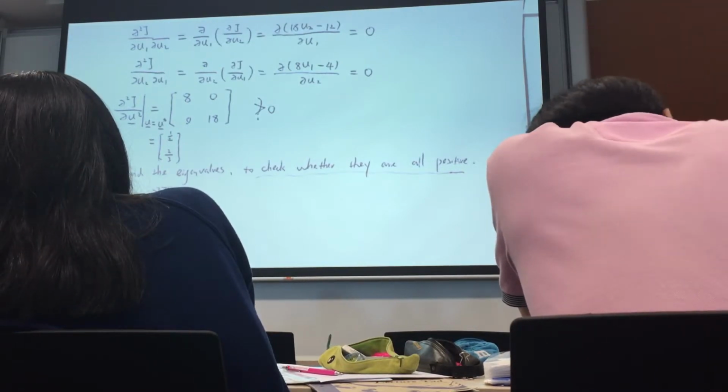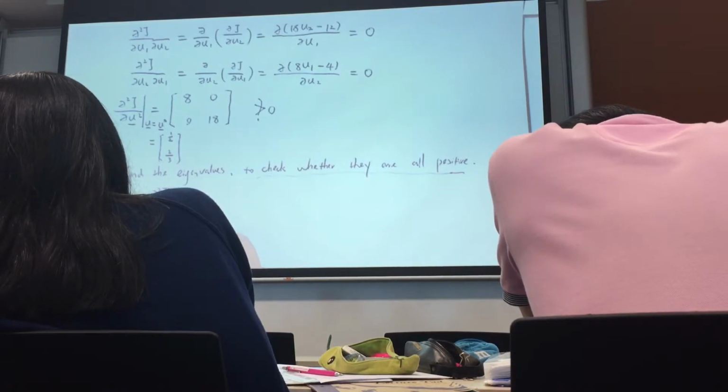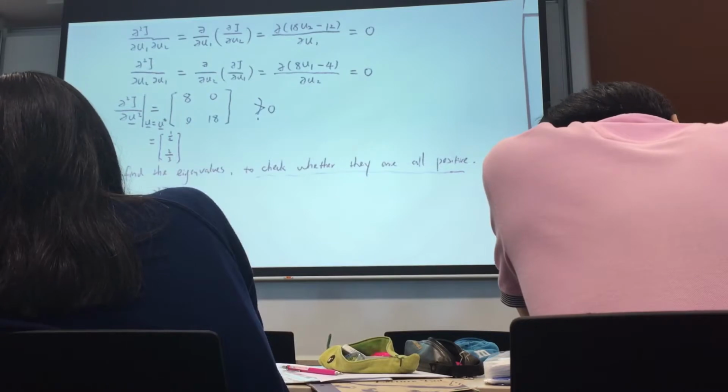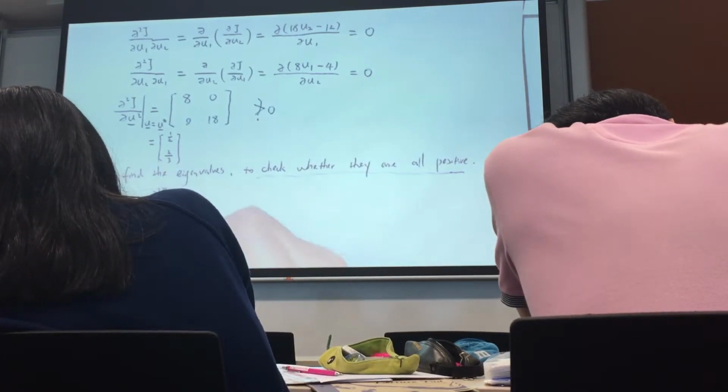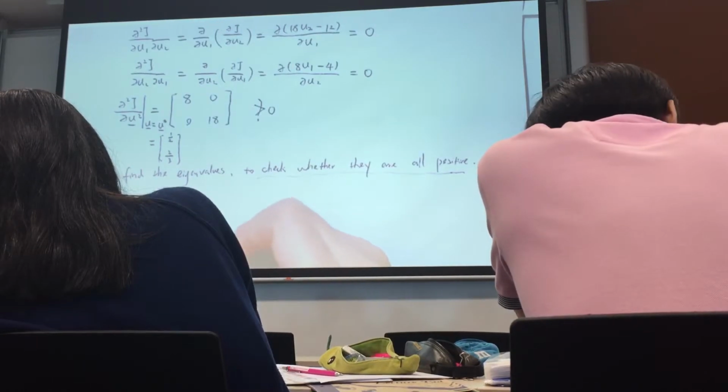So lambda multiplied by the identity matrix equals lambda, 0, 0, lambda.